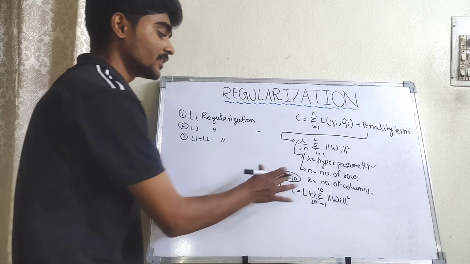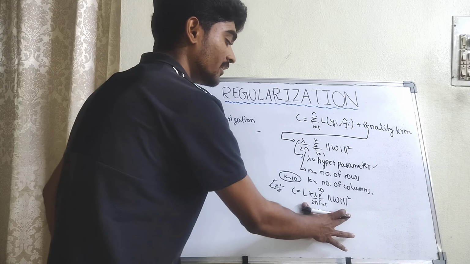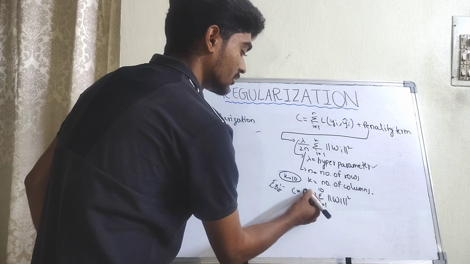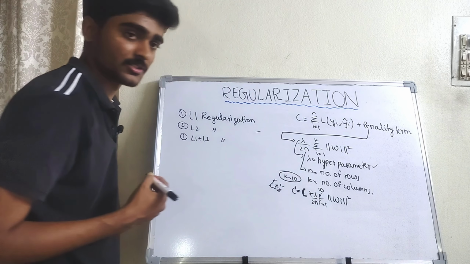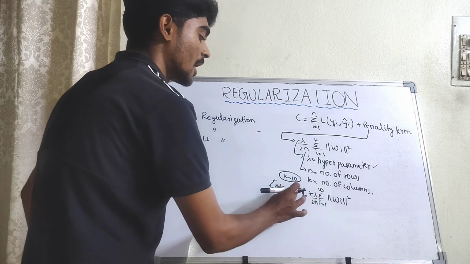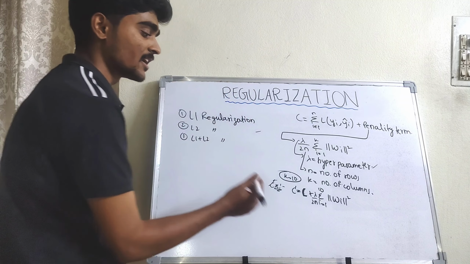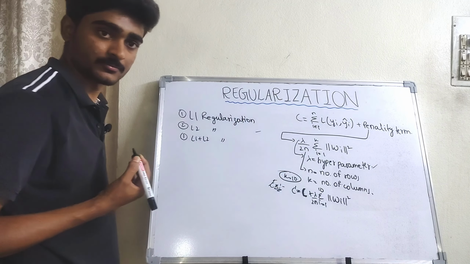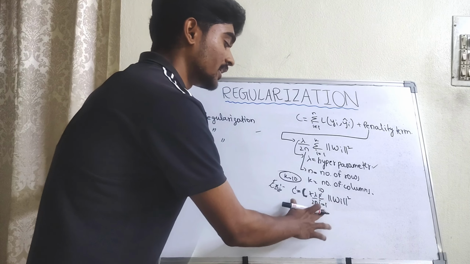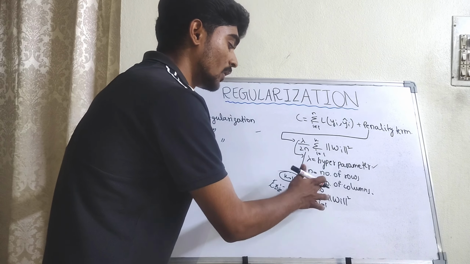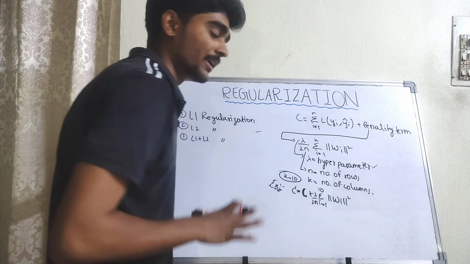This is my added term. This is nothing but the cost, and this is c dash. After applying the regularization, I'm getting the cost function c dash, and this is my actual cost function. Since I'm choosing the k value as 10, the summation of i is from 1 to 10, and this is how we apply regularization.